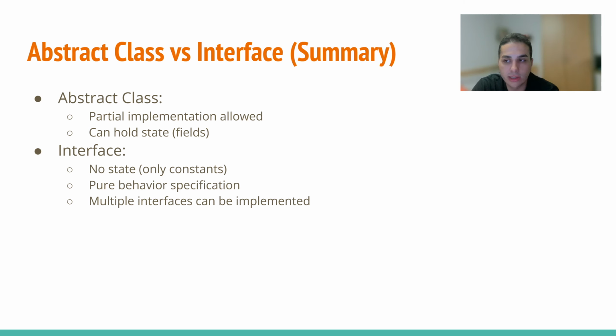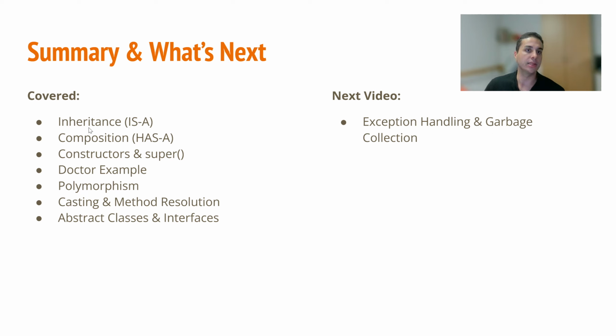So this was all for this video, and in the next one we will continue with exception handling and garbage collection. And in this video we talked about inheritance, saying like a surgeon is a doctor. We have composition: the car has an engine. We talked about constructors and super. Constructors are like what you declare at the beginning of the file, and super comes from the parent class.